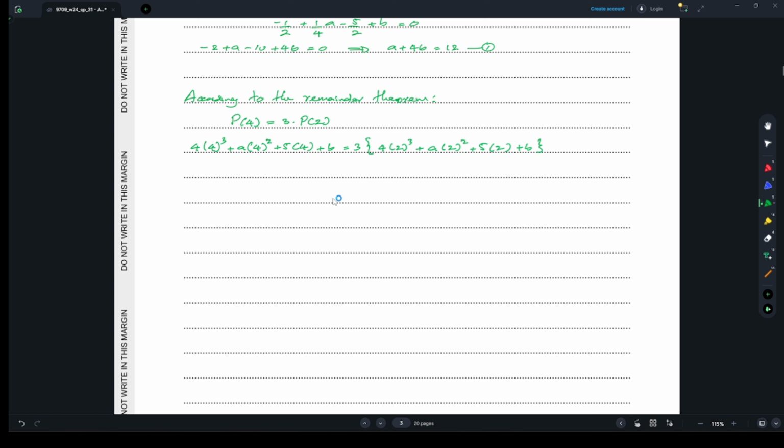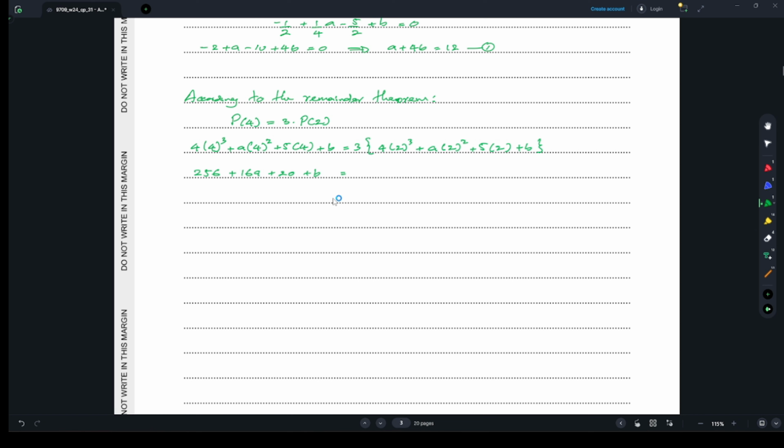Okay, so we can simplify this one. So here you will have 256. You can use your calculator. 4 squared is 16a plus here 20 plus b equals, okay, here we have to multiply by 3.